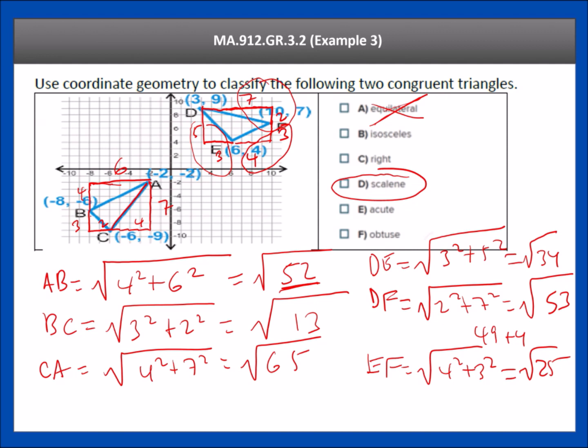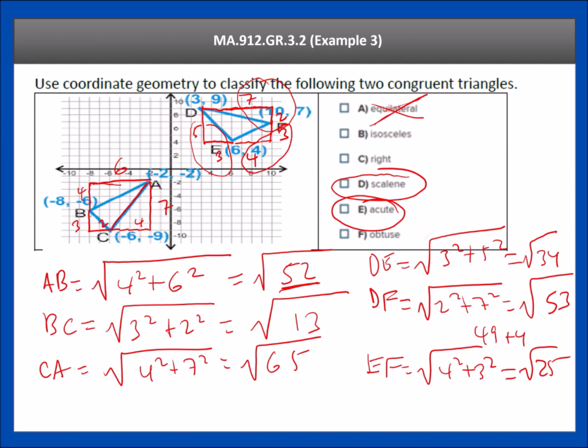So it's not even going to be right. It looks like acute triangles. You can see that they're going to be acute triangles here. All right, so if it's not right, definitely going to be acute.